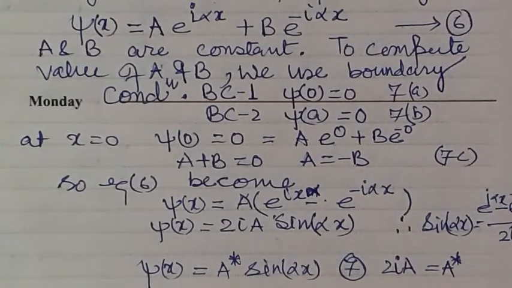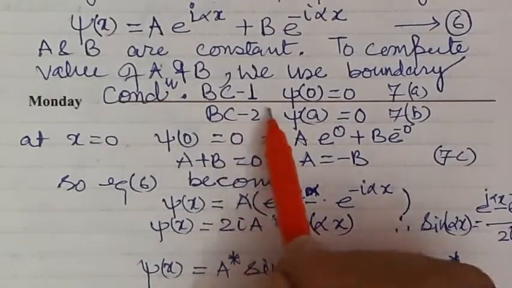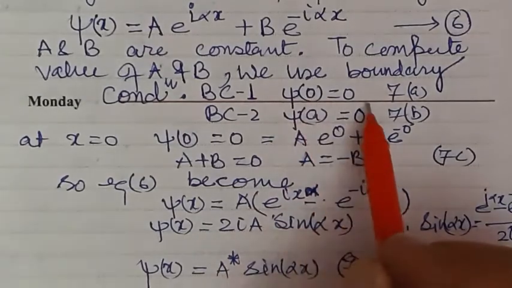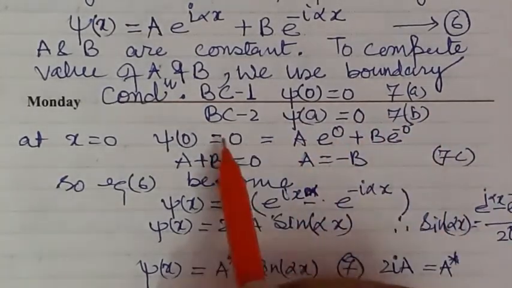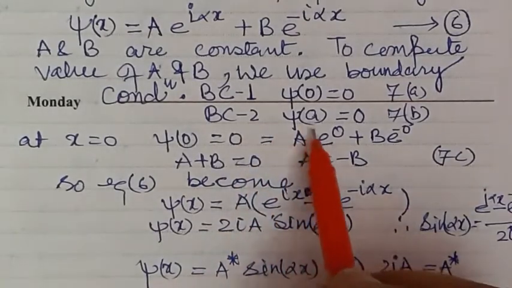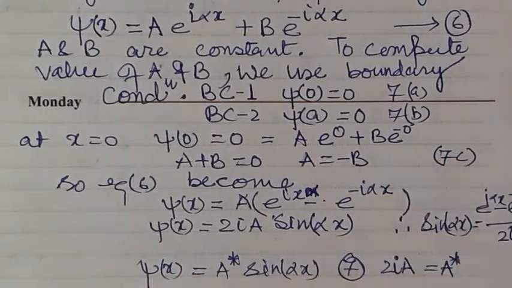So the first boundary condition, BC1, is psi at x equal to 0 must be 0, that is 7a, and the second boundary condition, BC2, psi at a equals 0, that is 7b.